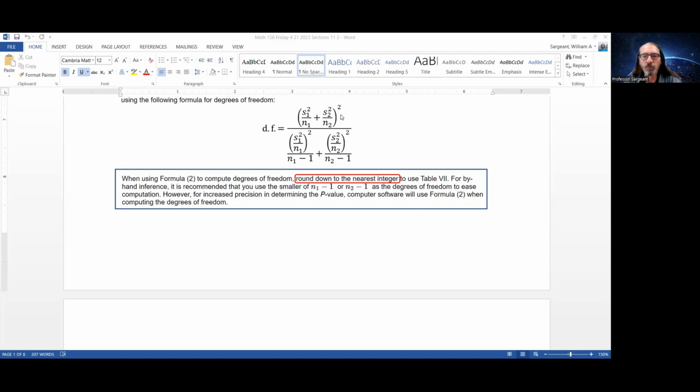Well, what if I use this formula, which the author of the textbook I'm currently using says we have to round down to the nearest integer, regardless of what we see in the tenths place. It's used for more precision in the p-value when using computer software, and that would include using the TI-84.